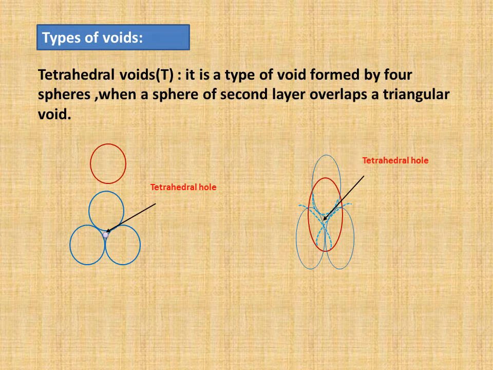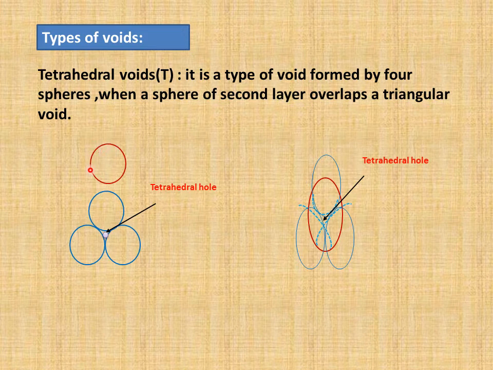Students, let us now understand the tetrahedral void. They are definitely not going to ask three-dimensional diagrams, but you need to understand this. There will be calculations of the number of tetrahedral and octahedral voids based on the number of spheres in the solid. It will help there. What is a tetrahedral void? It is a type of void formed by 4 spheres. This is very important. It forms when a sphere of the second layer overlaps a triangular void.